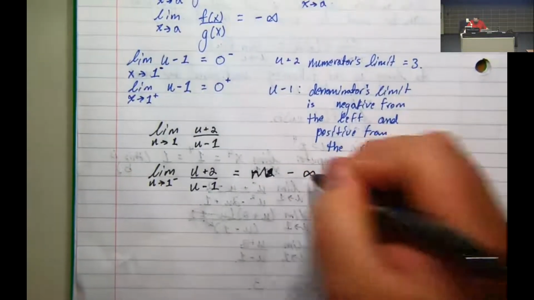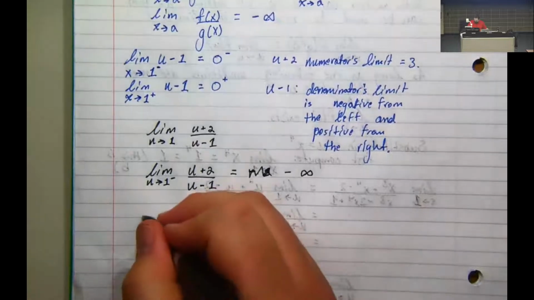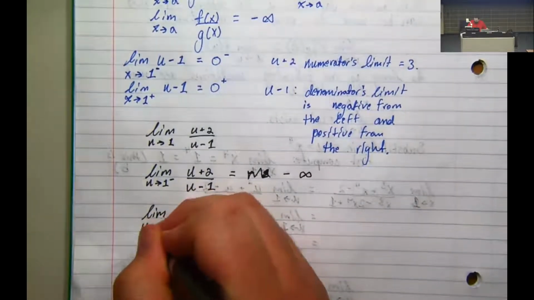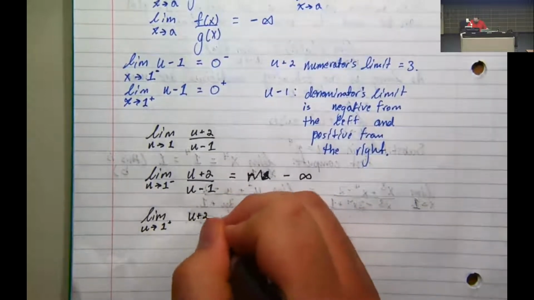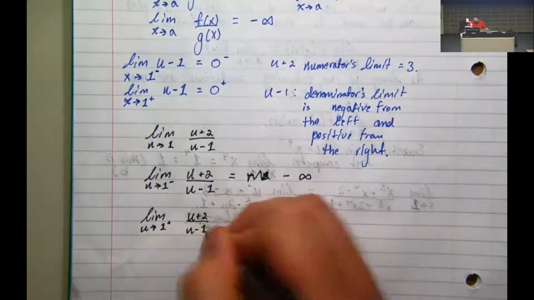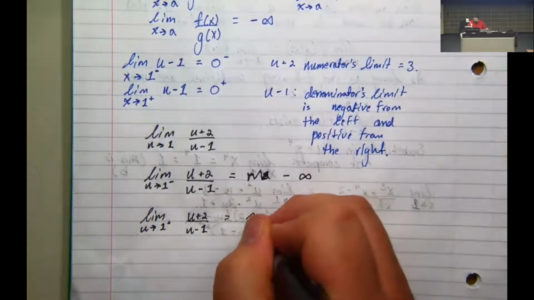And secondly, the limit as u approaches 1 from the positive of u plus 2 over u minus 1 is equal to infinity.